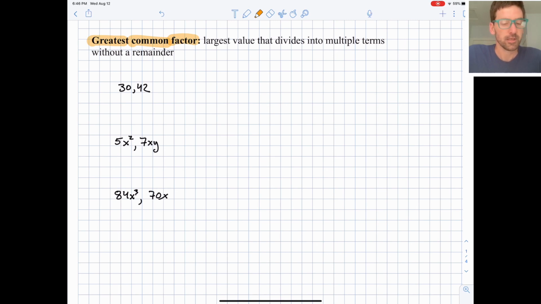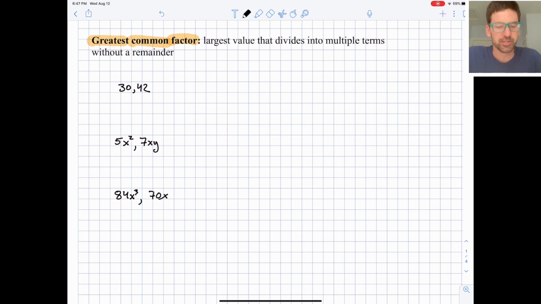Okay, so sometimes you can just use your brain and try to think about it. Is it 15, 6? Maybe it's a 6, right? It looks like 6 goes into both. Can we go higher? Maybe, we'll see, okay? But I'm trying to show you that sometimes your brain can lead you astray, and we can't necessarily be perfectly sure.